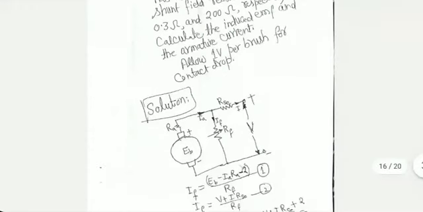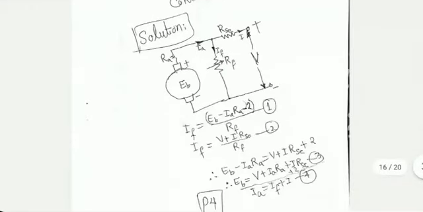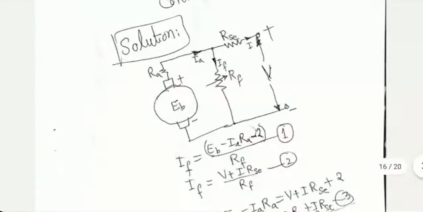So now you have to write the equations carefully. IF can be written as EB minus IARA minus 2. That will be the voltage across RF. So that divided by RF will give you IF. That's one equation.